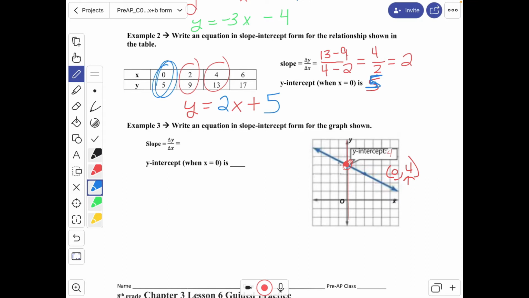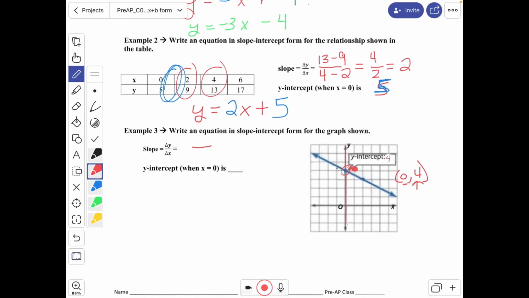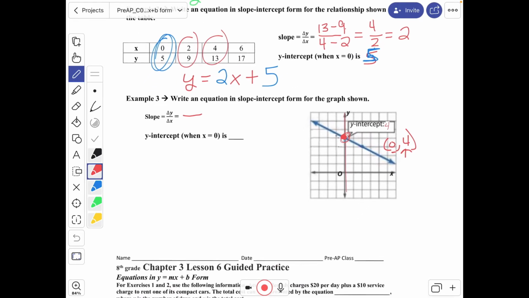Now let's try writing it from a graph. Again, we're going to need the slope. So we're going to pick 2 points, and I think they kind of have 2 points picked out for you. You can kind of see there's one. The first one that I picked was 0, 4, and this one is 2, 3.